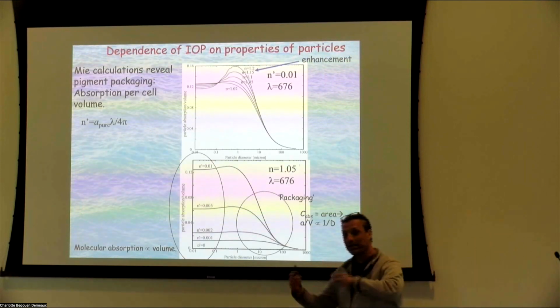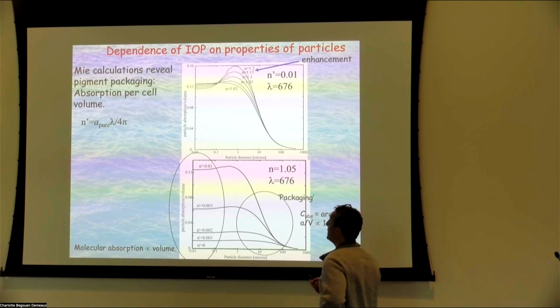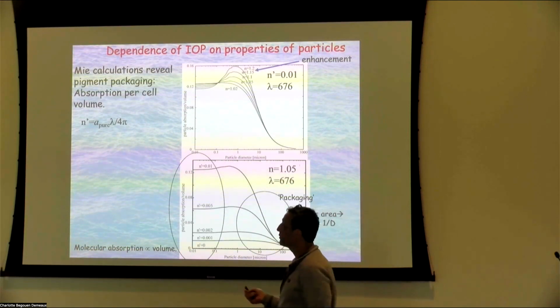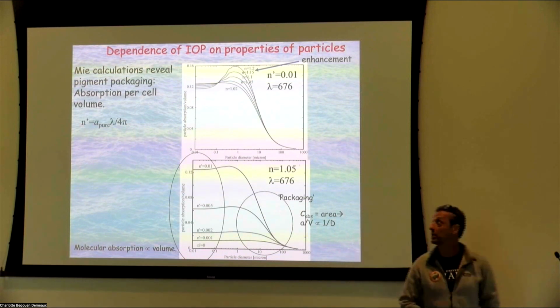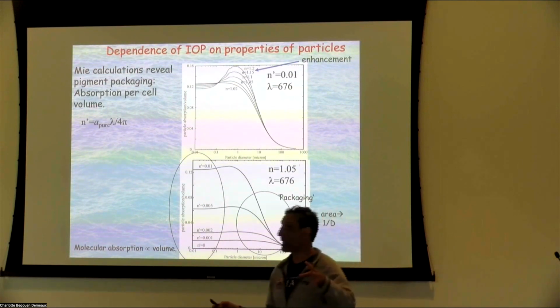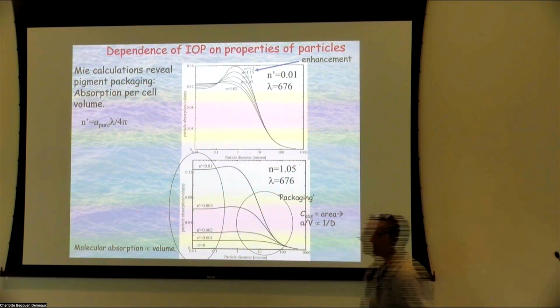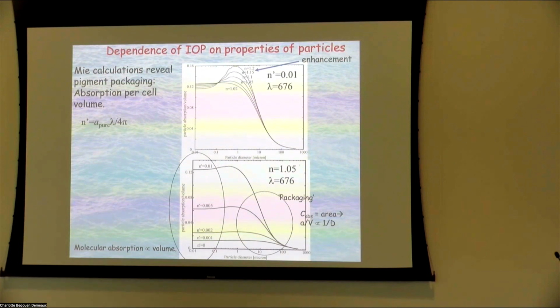So this is a different perspective to look at packaging. If you run a Mie code, as we do today, and I show you some results of these in the attenuation talk, what you'll find is, if you look at an absorbing substance, as I did for beam attenuation, but I didn't describe it like that, let's say I have a certain amount of a substance, something that has an index of refraction, it changes the light speed, and it has absorbing properties.